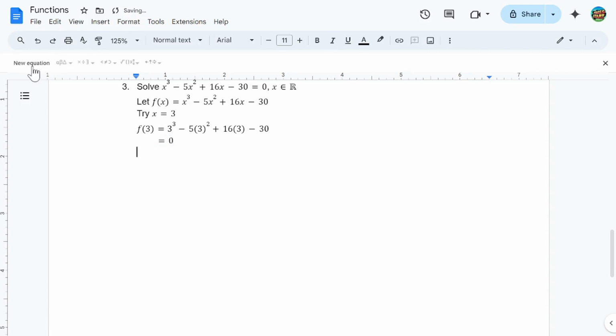So using factor theorem, x minus 3 is a factor of x to the power of 3 minus 5x to the power of 2 plus 16x minus 30.